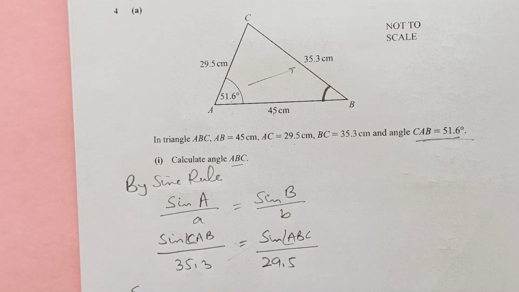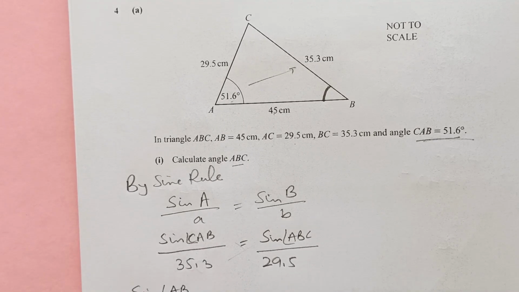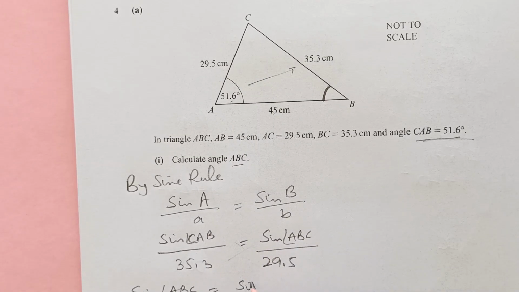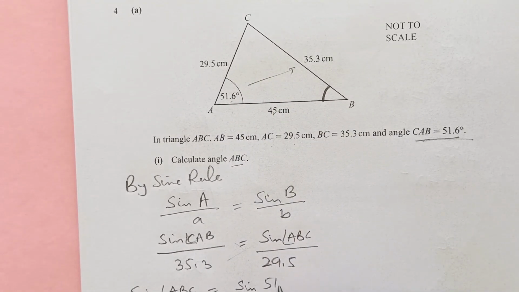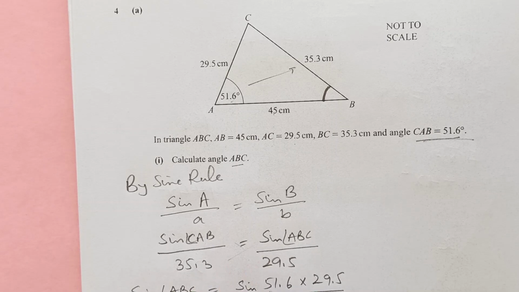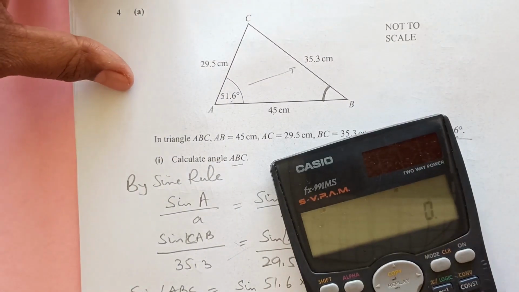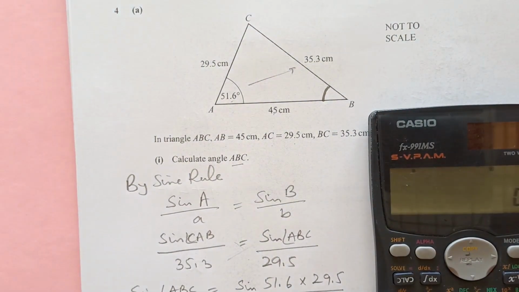So now you cross multiply. We are looking for sine ABC. Sine of angle ABC is going to be sine CAB, meaning CAB is 51.6, times 29.5 over 35.3. So now let's see, sine 51.6 times 29.5 divided by 35.3.